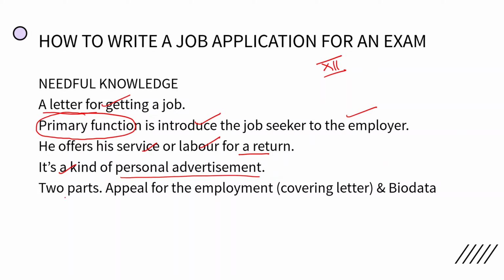A job application has two parts. The first part is the appeal for employment, which is called the covering letter. The second part of a job application is the biodata.